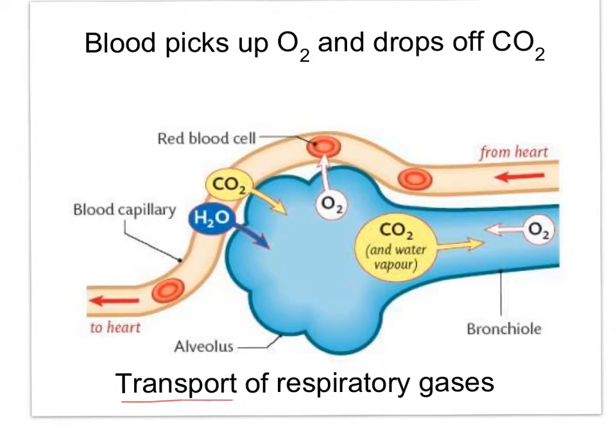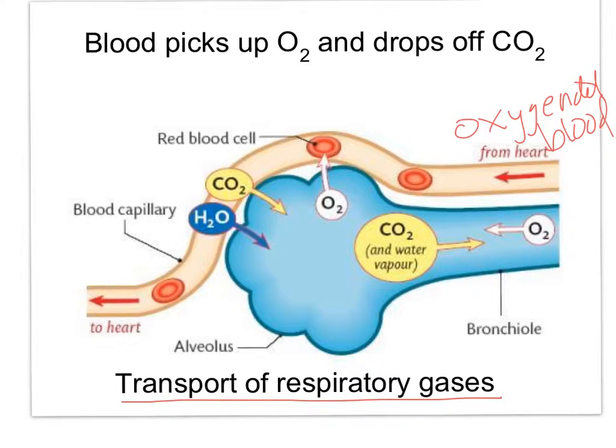So the transport of respiratory gases is the 3rd stage of respiration. And so what is happening now is that we have our oxygenated blood coming from the heart, oxygenated because it's been oxygenated by the alveoli. So this has high oxygen and low CO2.